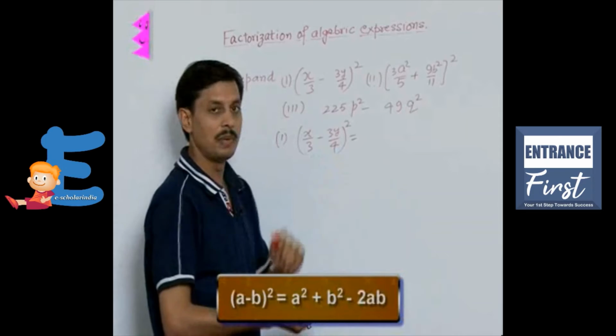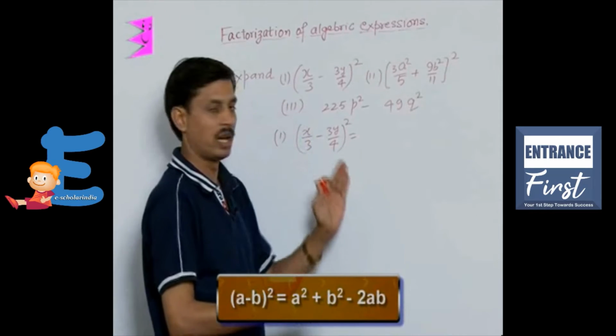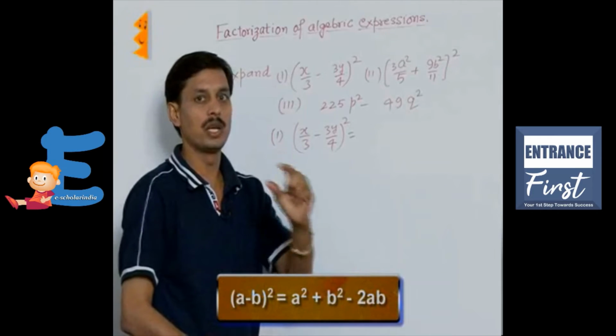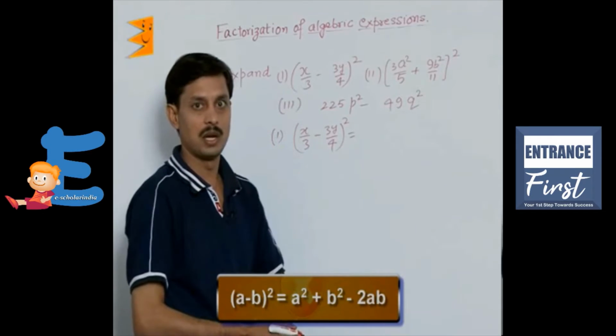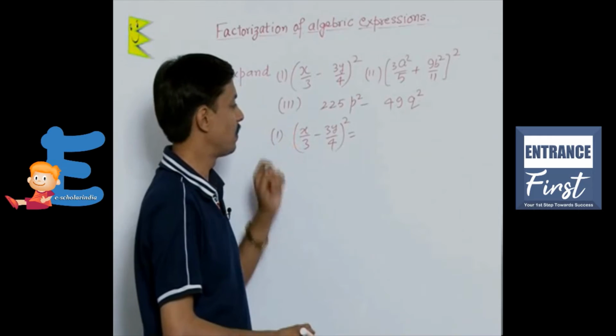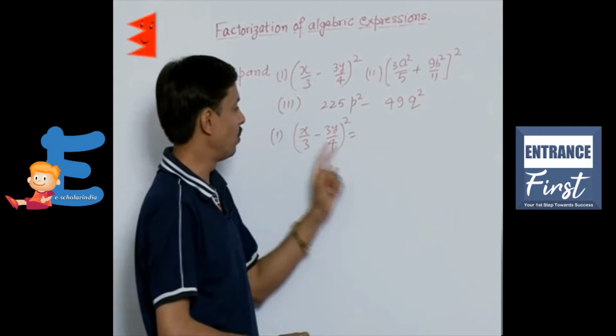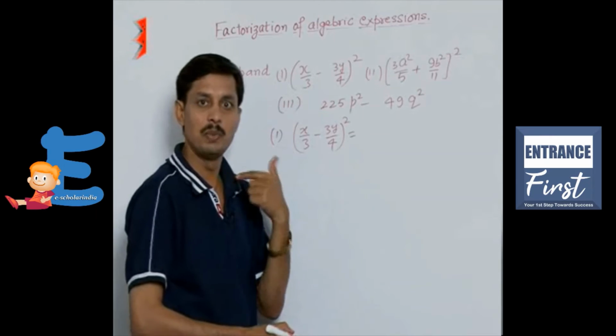So (a minus b) whole square is a square plus b square minus 2ab. a means first term, b means second term. First term is here x by 3, second term is 3y upon 4. Formula to be used is (a minus b) whole square.